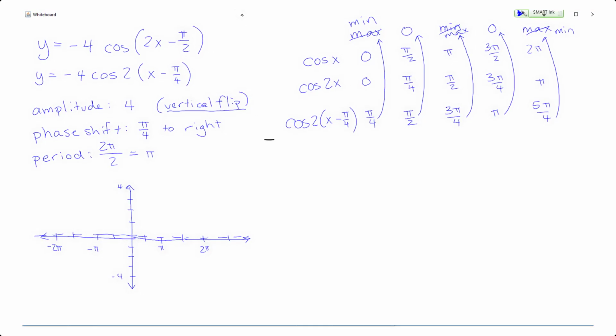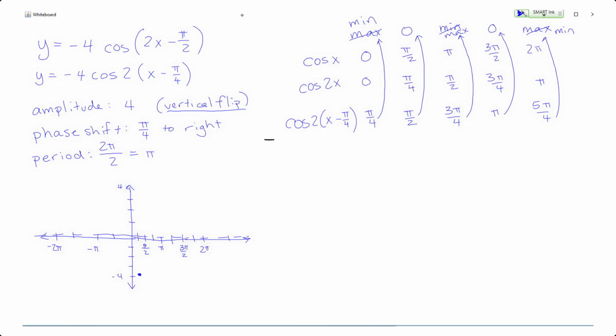So putting this together on the chart here, if this point here is pi and this point here would be pi over 2, then halfway in between those are my pi over 4's. So at pi over 4, I'm supposed to be at my minimum, so at negative 4.